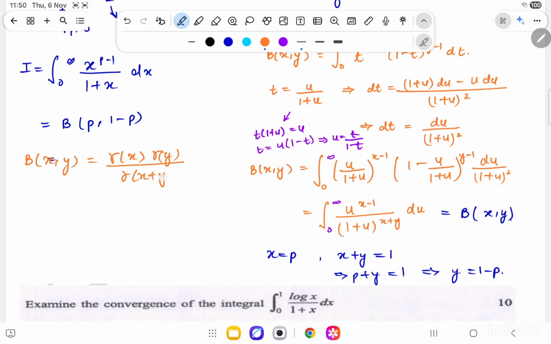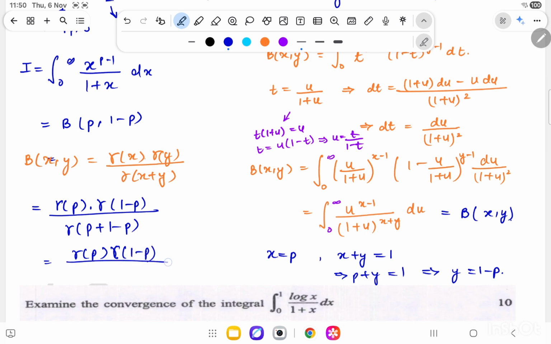So if we use that relation here, it will be gamma p times gamma(1 minus p) divided by gamma(p plus 1 minus p), which is equal to gamma p gamma(1 minus p) divided by gamma 1, and gamma 1 is 1 only.